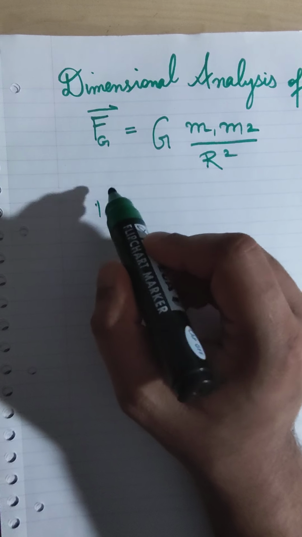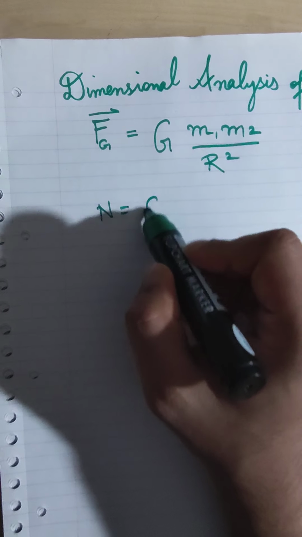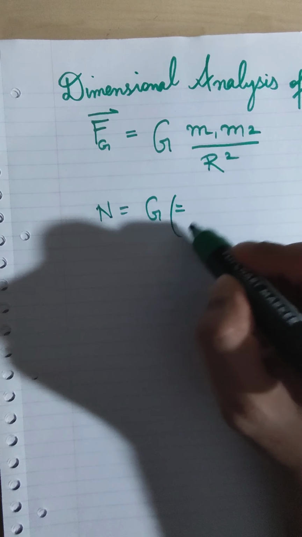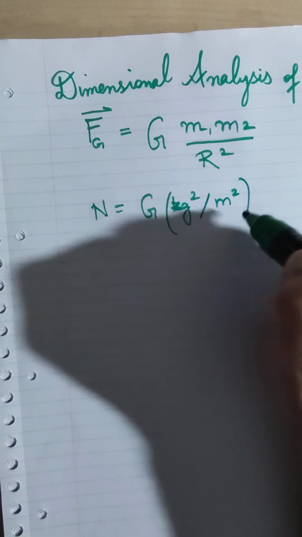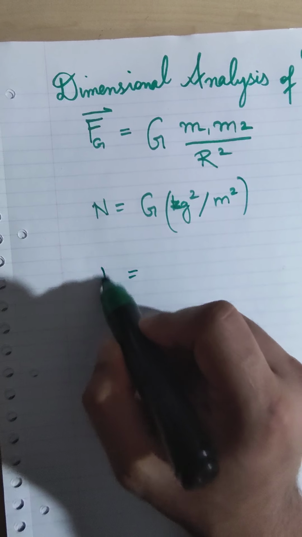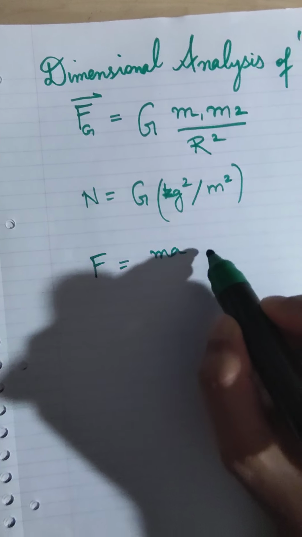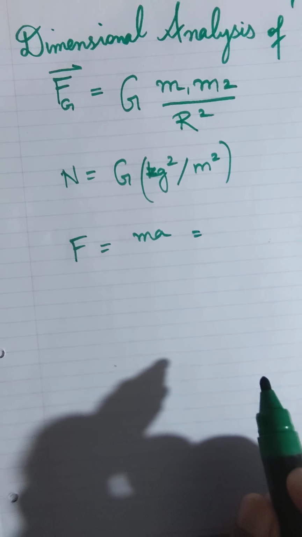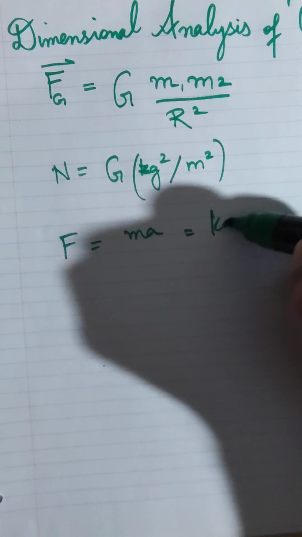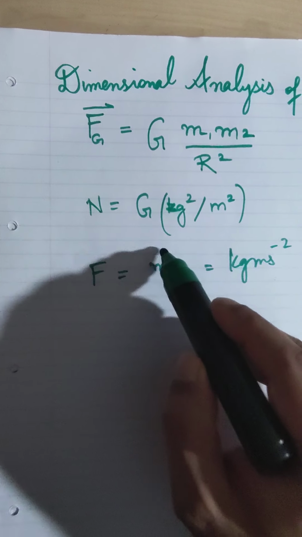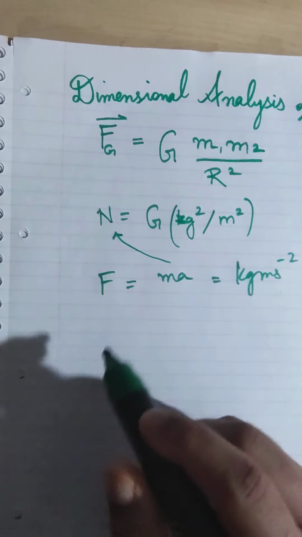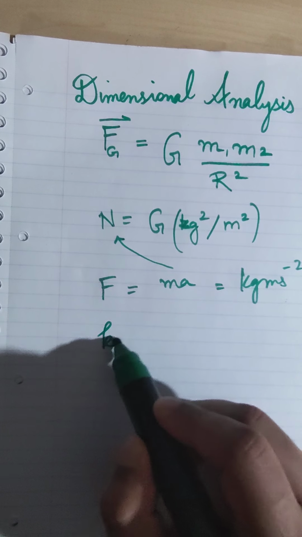So we have a newton and then kg squared per meter squared. And we know from F equals ma that the actual units of force are kg meters per second squared. So if we plug that in there, we can then resolve and substitute.